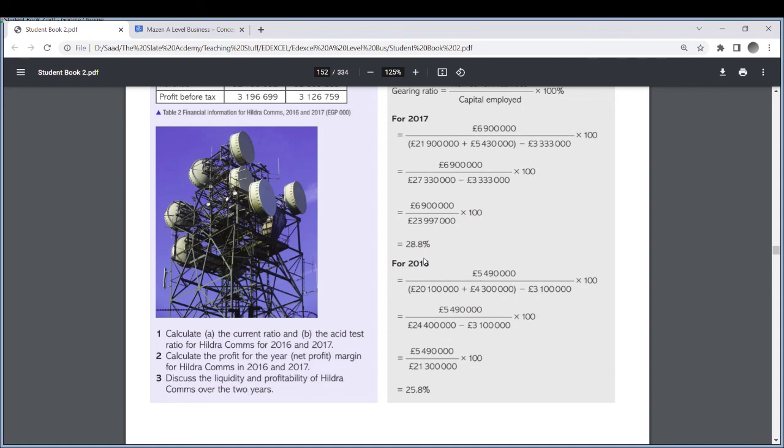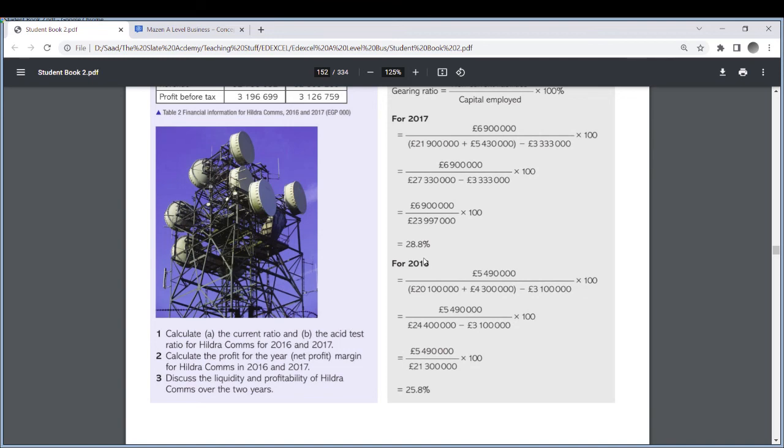It's seemingly bad that the gearing ratio has increased, so the business has become riskier. Debt is higher as a percentage of the total pool of money available to the business. But sometimes when the business goes for expansion, it has to borrow. So it might be good in some cases.